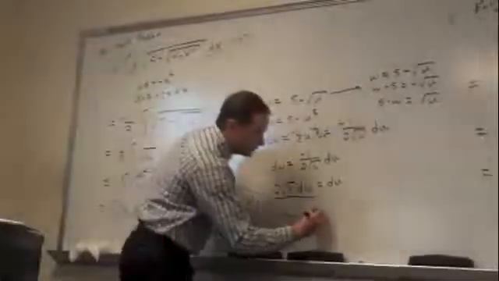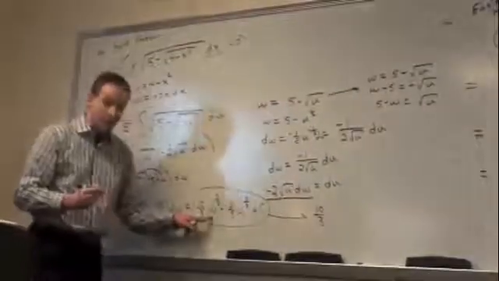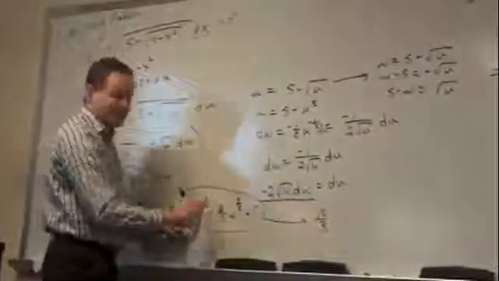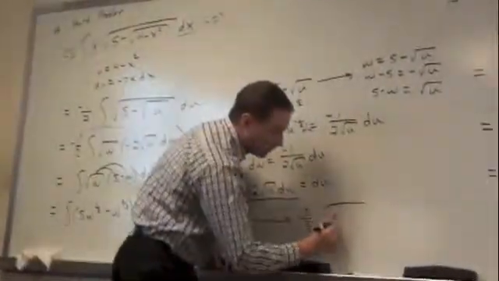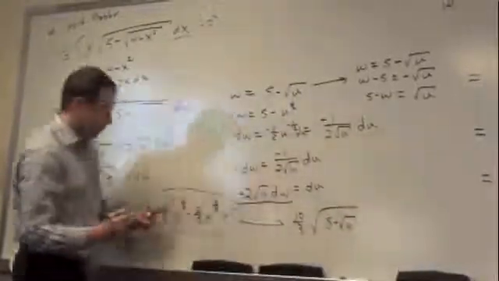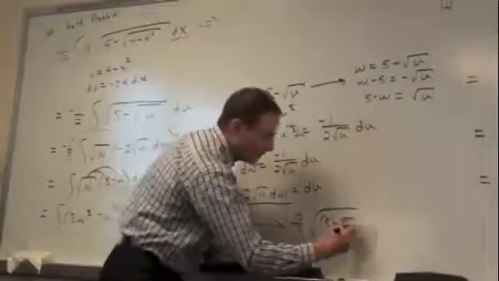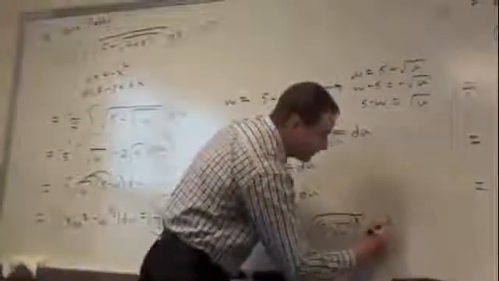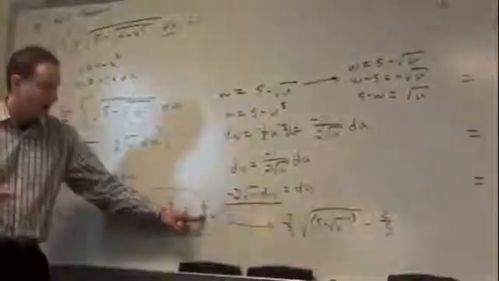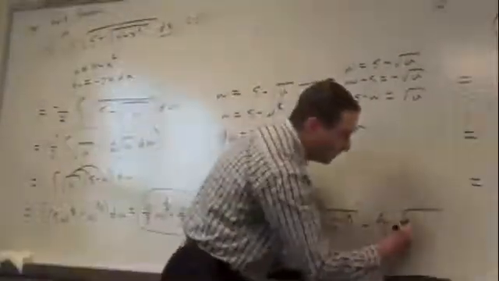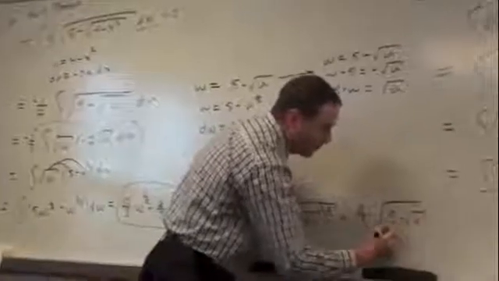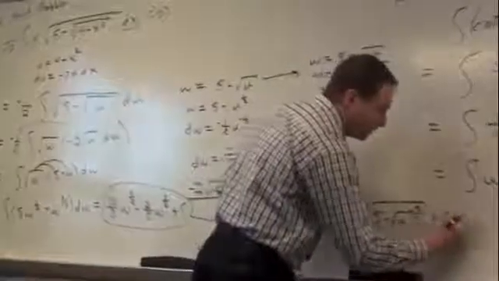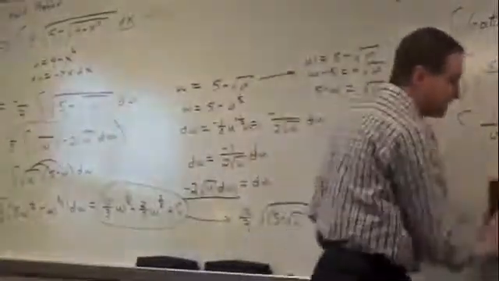So this would be 10/3 the group 5 minus the square root of u inside of a square root, raised to the 3rd power, minus 2/5 on the square root of 5 minus the square root of u raised to the 5th, plus c. And then that's back in terms of u.